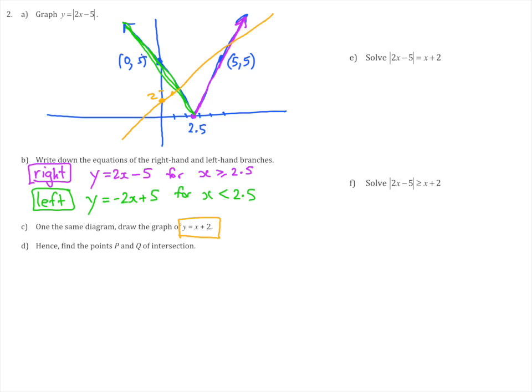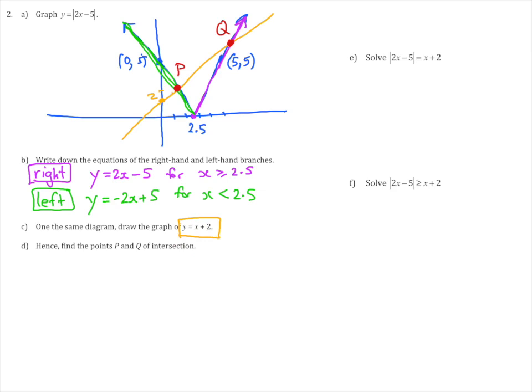Now, hence find the points P and Q of intersection. So this point here I'll call P, and this point here I'll call Q. Now, how do you find the points of intersection? Well, let's find P. P is where this line here hits the green curve.